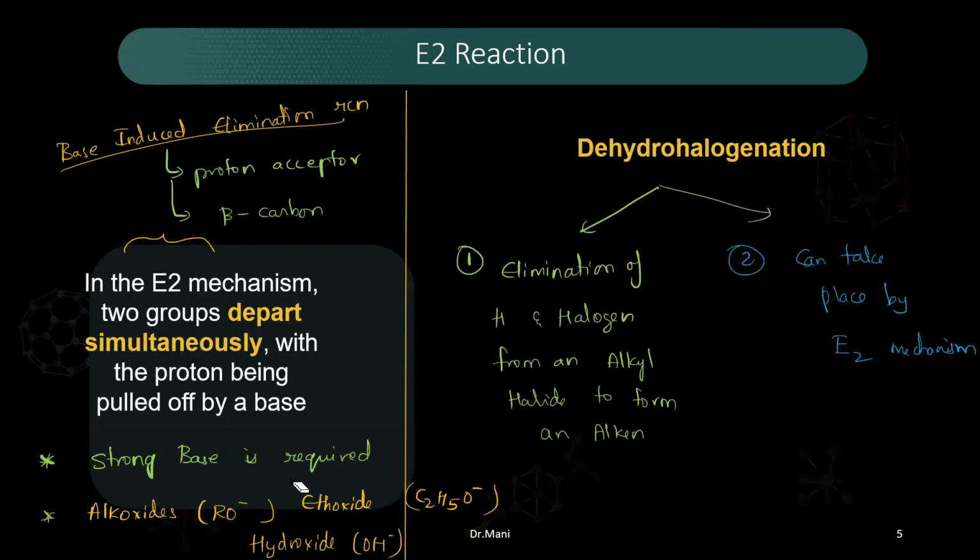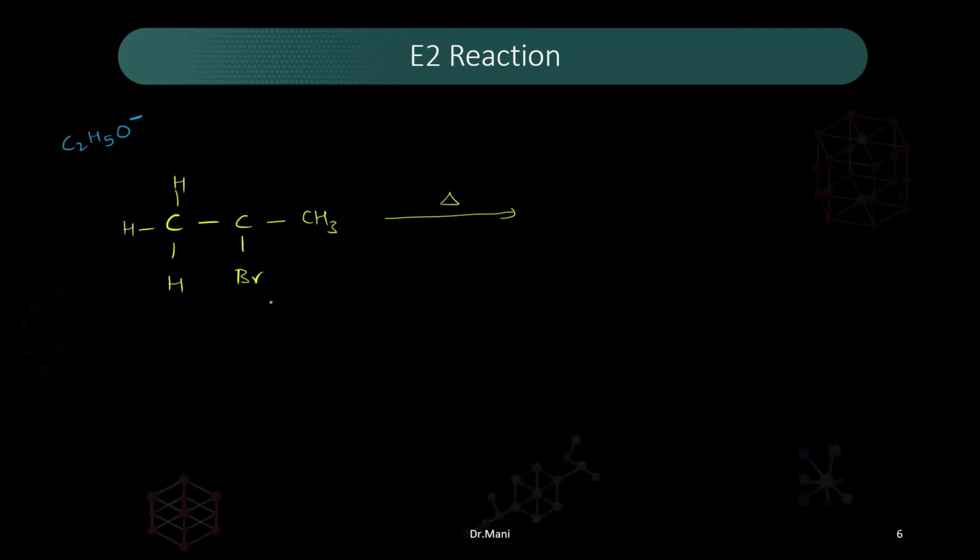We discussed what the strong bases are: ethoxide, hydroxide, or alkoxides. So I am using ethoxide here. When it approaches, it will try to break this hydrogen and pull it towards itself and convert into C2H5OH. Understood? So it will pull this hydrogen and convert into C2H5OH.